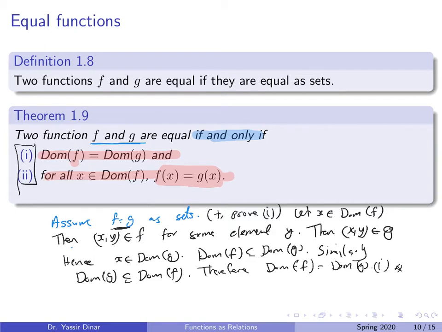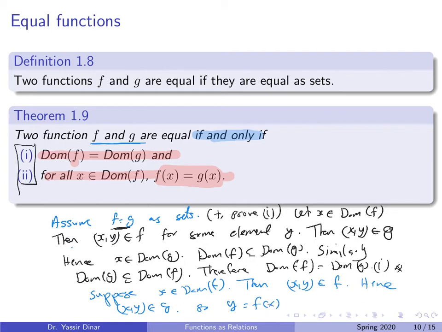Now for the second condition, suppose that x is in the domain of f again, then (x, y) belongs to f, hence (x, y) also belongs to g, and so since they are functions, this means y is equal to f of x and y is equal to g of x.